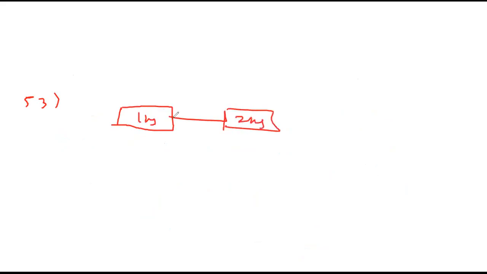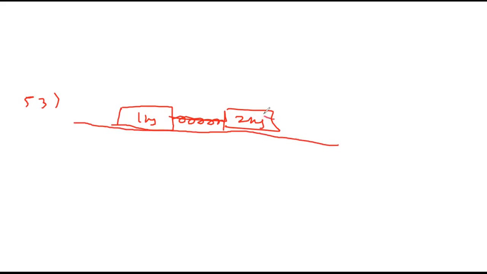Two blocks of mass 1 and 2 kg are connected by a spring kept on a smooth table.